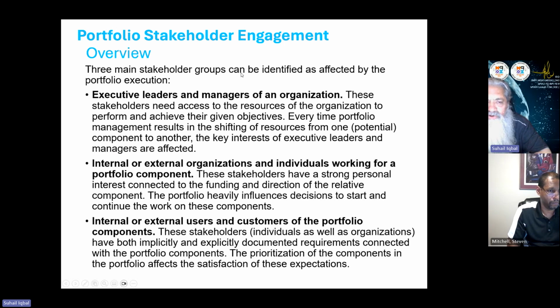Three main stakeholder groups. Naturally, at a very high level, executive leaders and managers of an organization, they could be internal or external organizations and individuals working for a portfolio component.